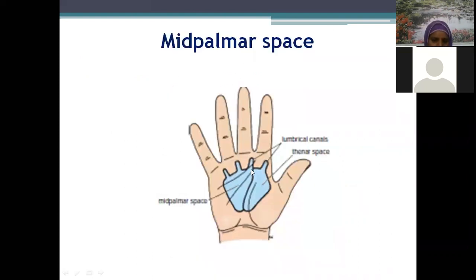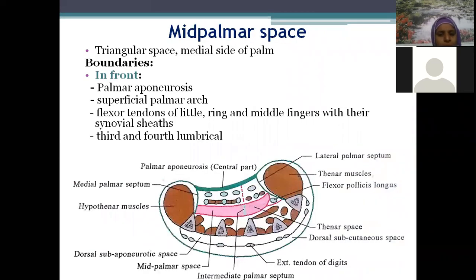We will see. See here, mid palmar space is this. In the middle of the palm, whatever space we are finding, this is mid palmar space, and adjacent to that, towards the thumb, this is the thenar eminence. Here we have thenar space. This picture is also from Datta. It's a very good picture which helps us to understand the layout of structures we have studied.